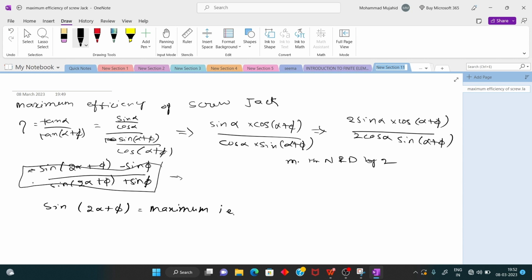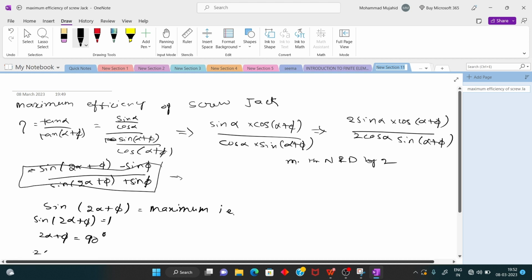That is, it will be maximum when sine of 2 alpha plus phi is equal to 1, and 2 alpha plus phi is equal to 90 degrees. Here 2 alpha will be equal to 90 degrees minus phi, or you can write it down as alpha equal to 45 minus phi by 2.